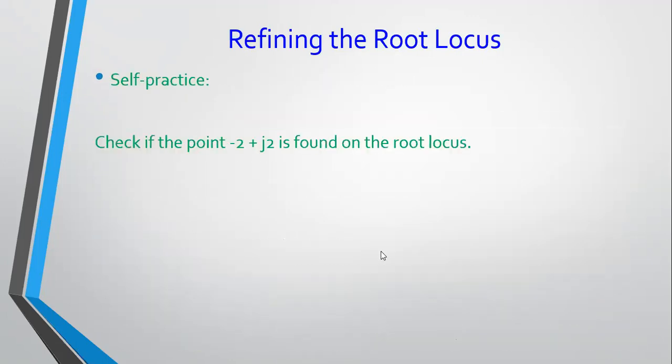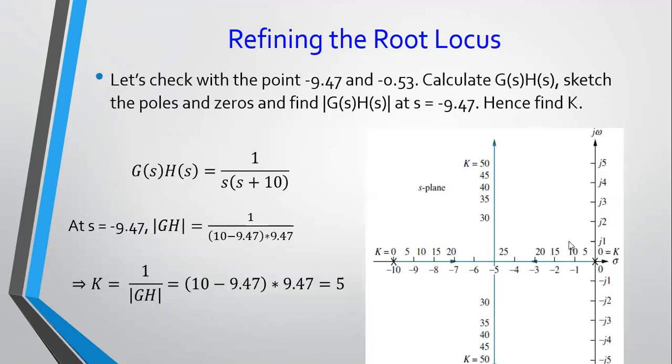One safe practice for you is to check if the point -2 plus j2 is found in the root locus. If you look at the root locus here, -2 plus j2 would not be on the root locus on the complex plane, but I wanted to validate it. How would you validate that?